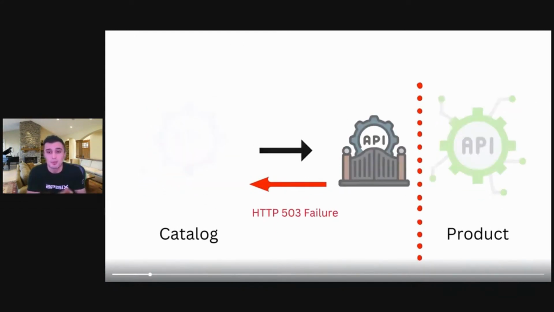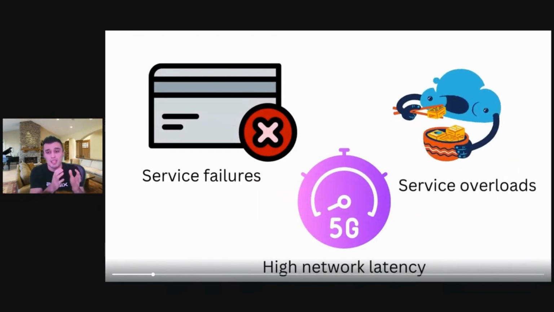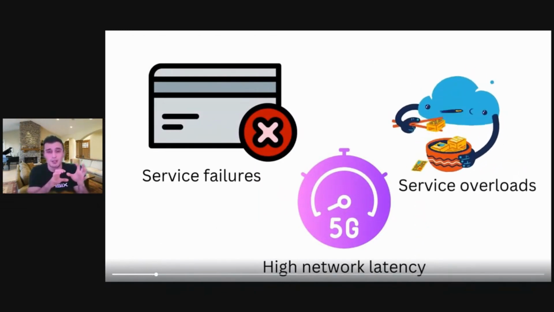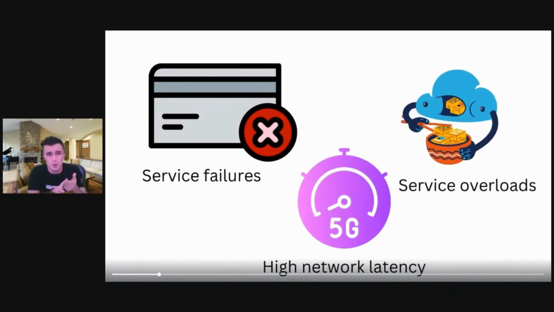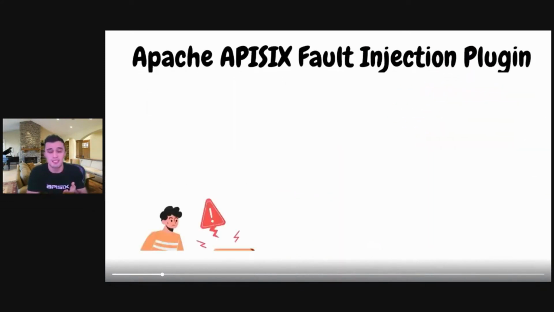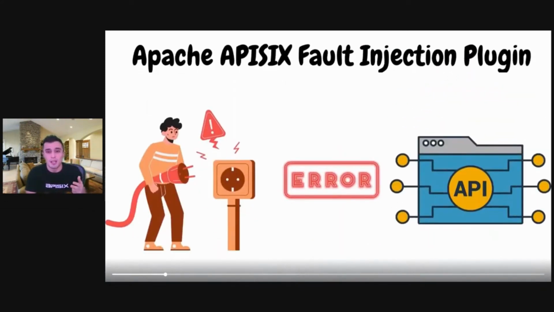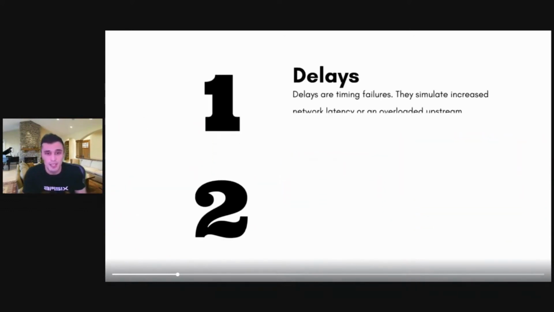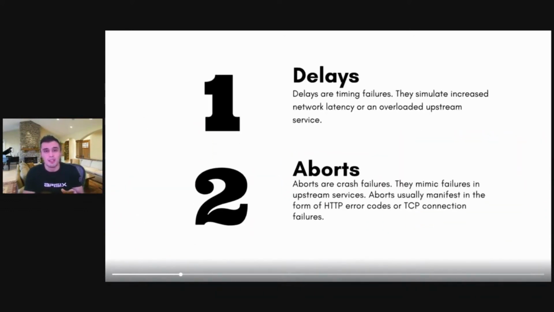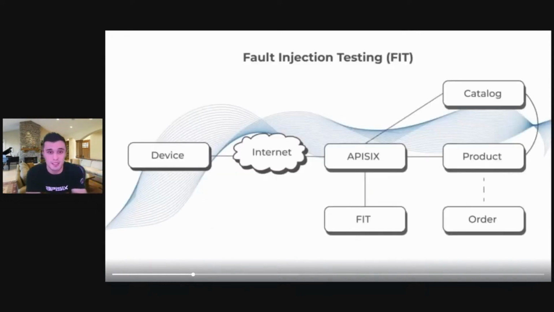And it provides the ability to stage different failure scenarios such as service failures, service overloads, or high network latency, and so on by injecting these mock errors. For example, Apache APISIX has a fault injection plugin. You can enable this plugin to inject delay or abort requests from one service. And also you can maybe write some integration tests, E2E tests.